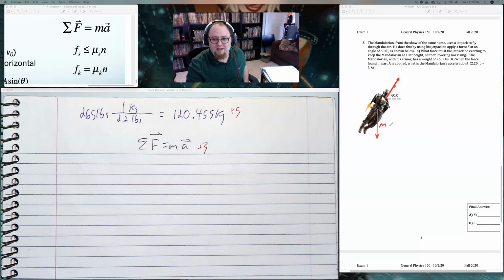Well, gravity is mg. But the thing is, if I use a standard coordinate system, x, y, I can say that gravity is directly in the negative y. But this first F is up and at an angle. Since it's up and at an angle, I'm going to want to split it into components.